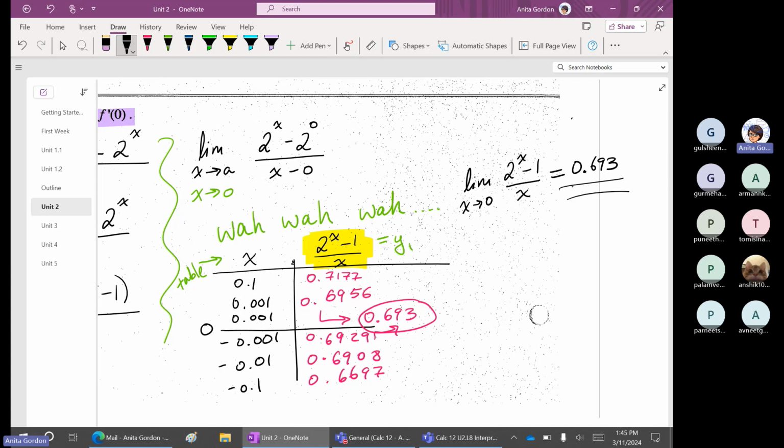So if all else fails, table of values. Okay, this also represents the derivative at 0 equals that number as well.